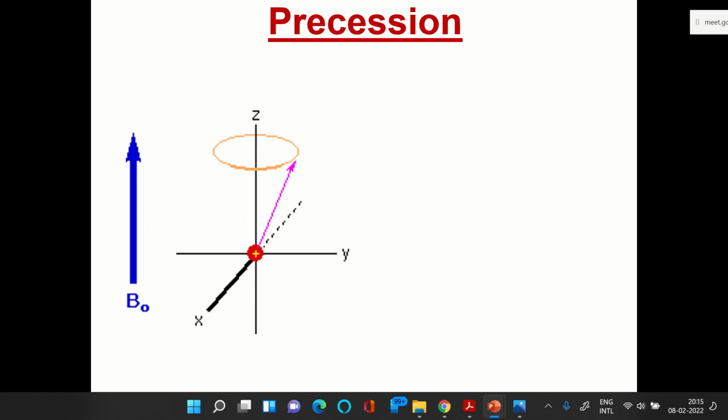So this is what we have to realize. If you have a proton which has a magnetic moment, when you apply the field B naught, it starts precessing along the cone, right?